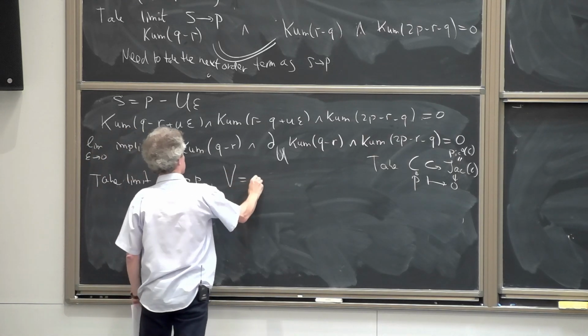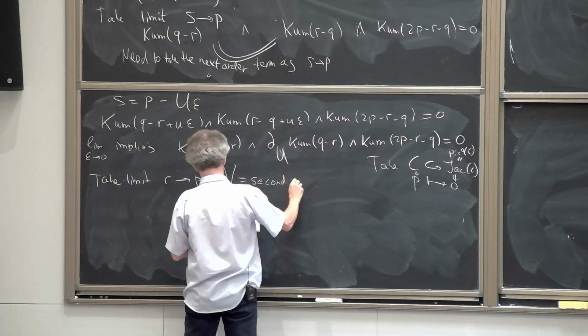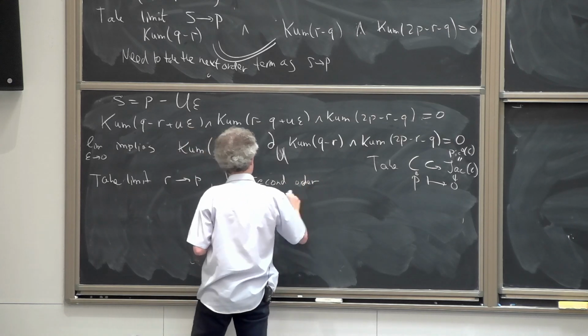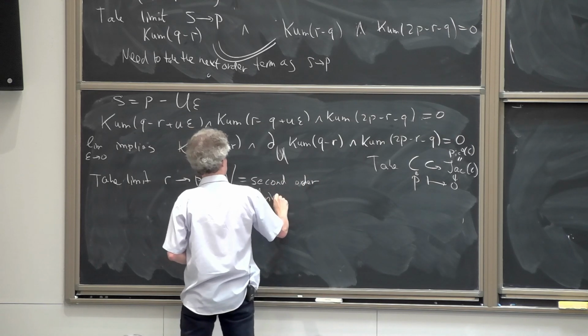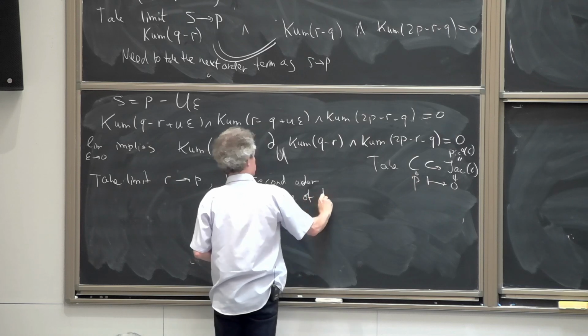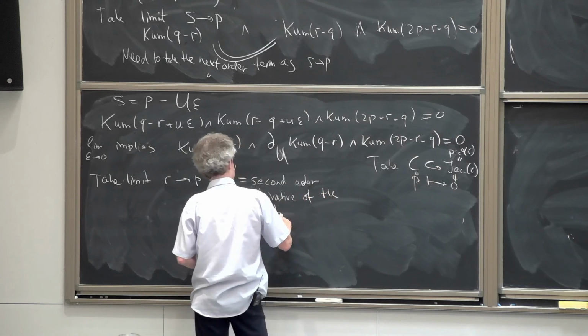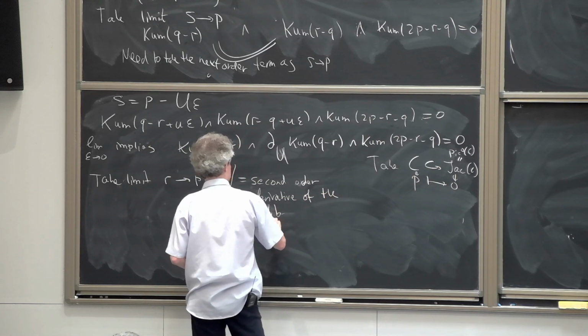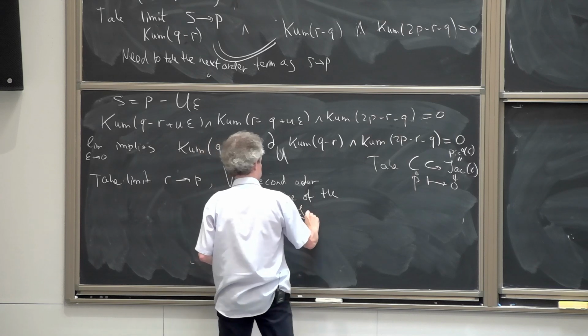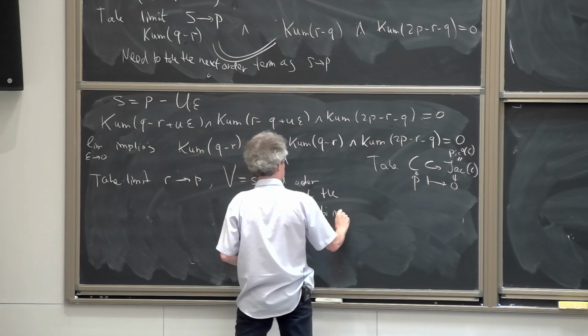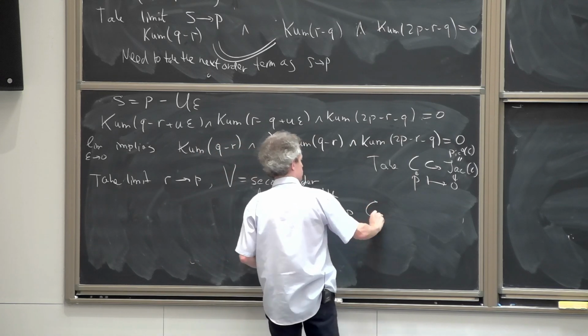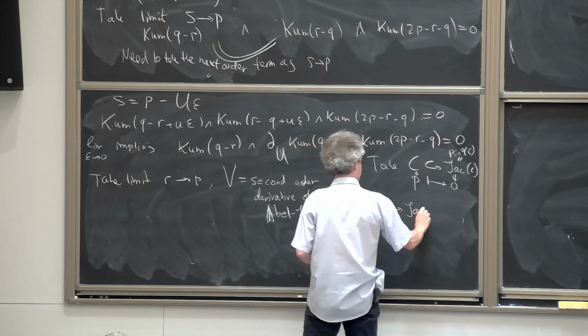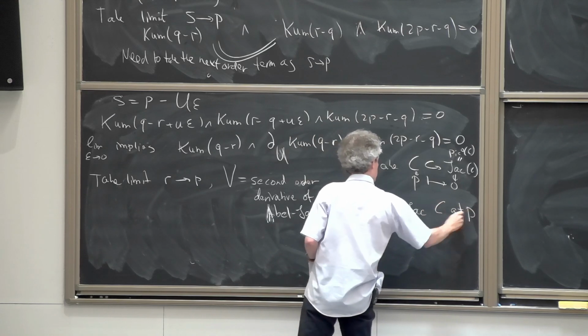And let V be the second order derivative of the Abel-Jacobi map at P.